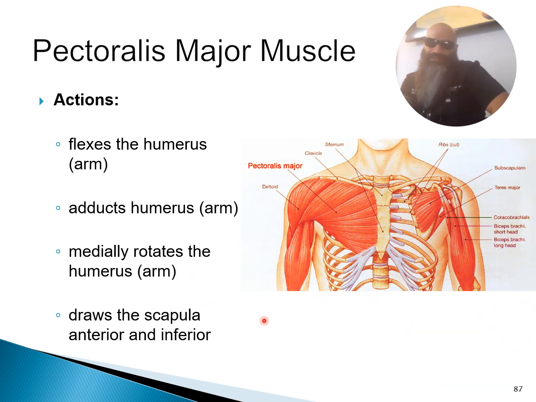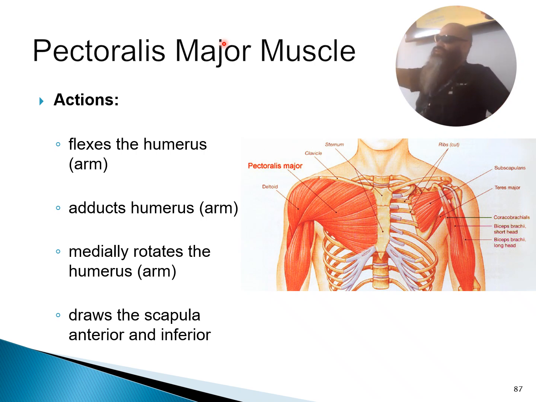Okay, so pectoralis major. What I mean by flexes the humerus, remember F for forward flexion. So your shoulder is flexing the humerus forward. Then adduction, we call it horizontal adduction. Put your arm like this and go adduction; this is the main motion of your pectoralis major.